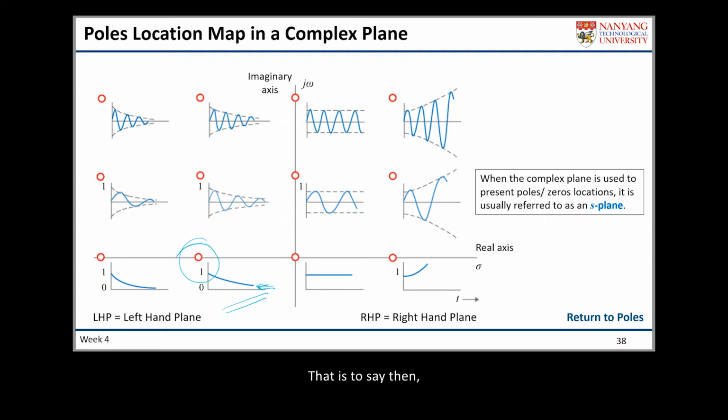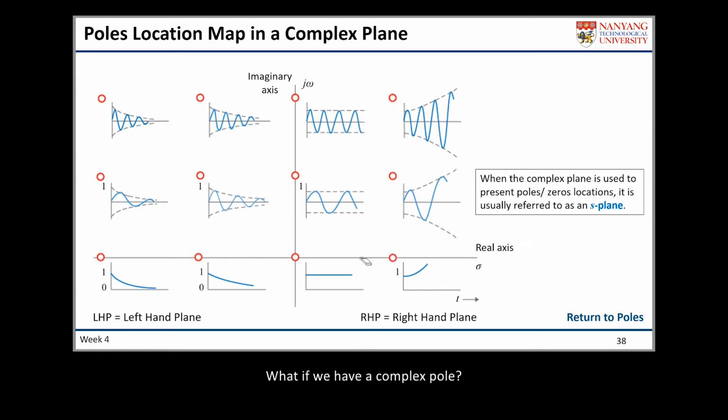That is to say, if you have a negative real pole, your system will be stable and there won't be any oscillation. On the contrary, if you have a positive real pole like this one, then your system will respond like this. Again, there is no oscillation in this map, but your response is going to infinity. So if you have a positive real pole, you will have an unstable system.